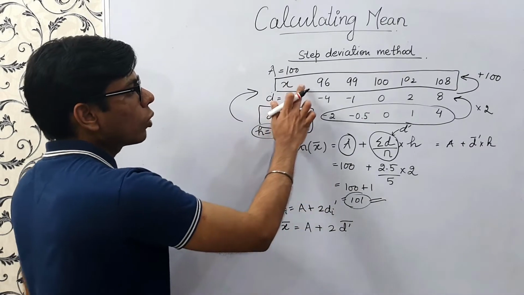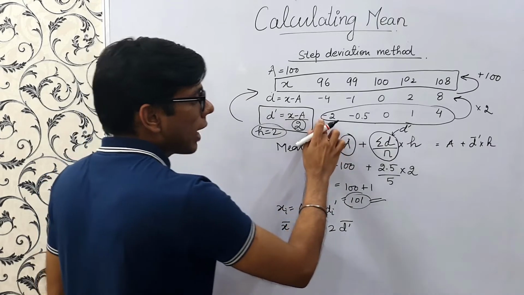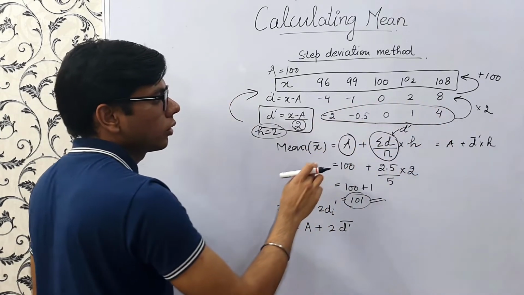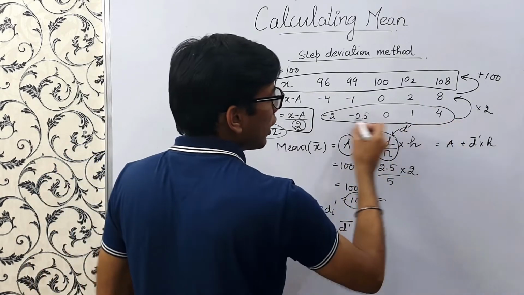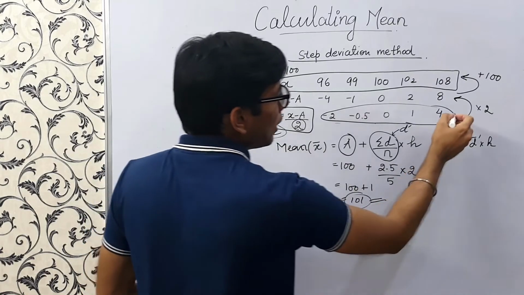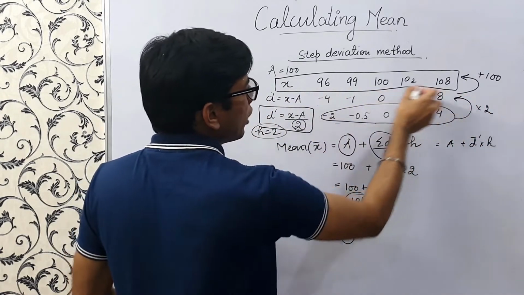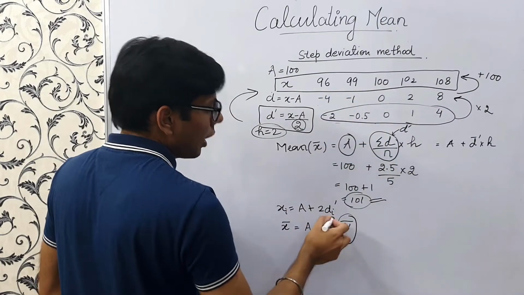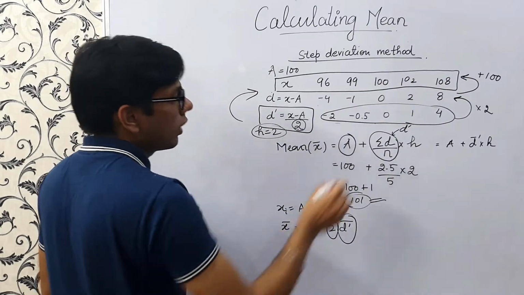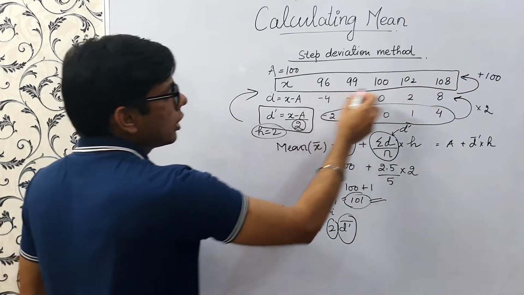So we want to calculate the mean of these observations, but we are doing that by calculating the mean of these di observations. This is our mean. We multiply it by 2 to reach here, and then we add 100 to reach these observations. So this is nothing but the mean of these observations.